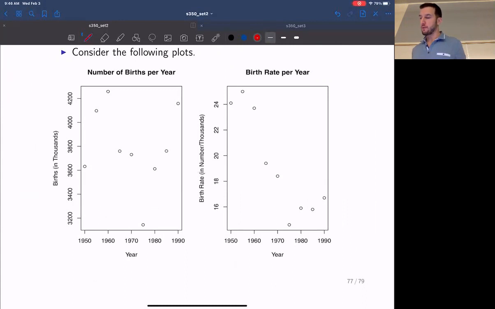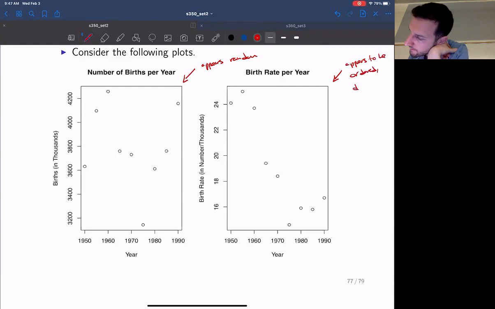So we have the following scatter plots for the number of births and for the birth rate. So the idea here is that you can see effectively for the number of births, this appears random. Okay, and then for the birth rate, we can see it appears to be ordered.